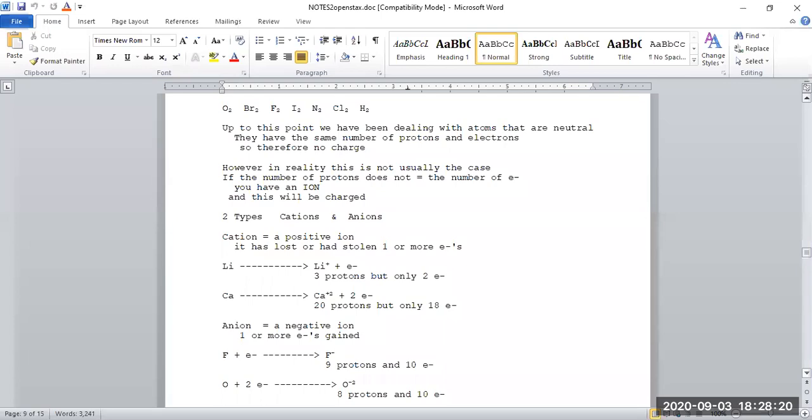So you get an ion. Ion means it has a charge. 2 possible charges, cations and anions. I know it looks like it's spelled cation, as in like we all want to go on vacation. Please don't pronounce it cation.